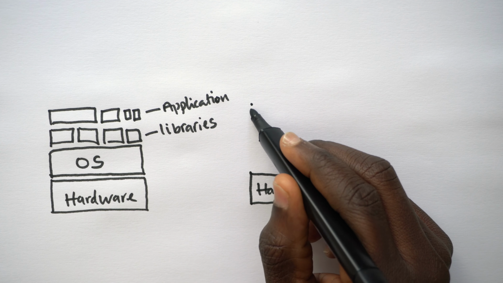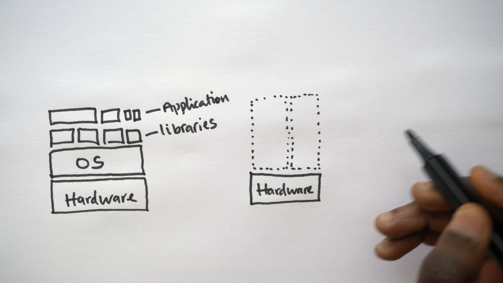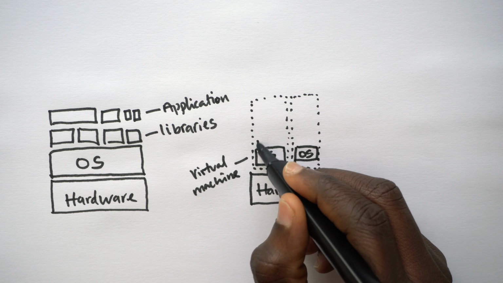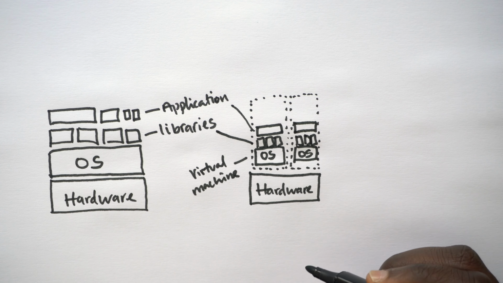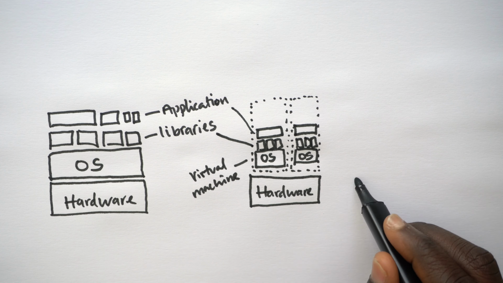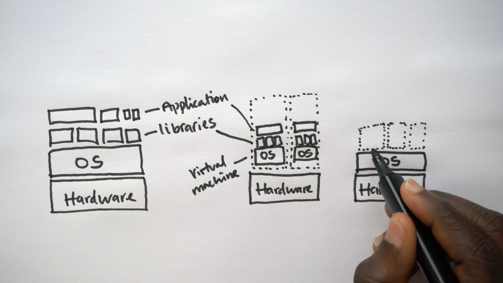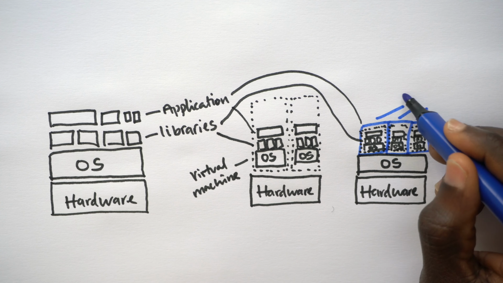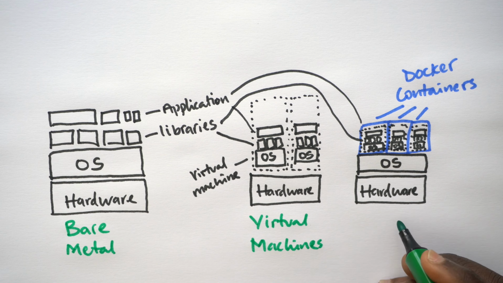So you could have a single server with several virtual machines running in it and deploy your application on each virtual machine. But you still had the problem of making sure that you maintain and update your libraries for each virtual machine. With containers and OS level virtualization, your application is packaged into a single unit, right? So this makes it easier for you to package your application and makes it more portable.